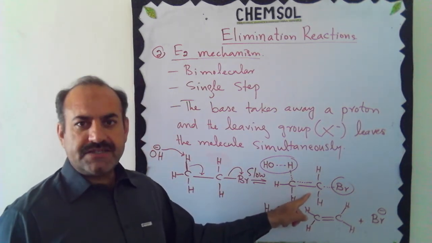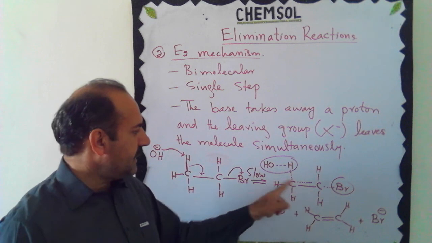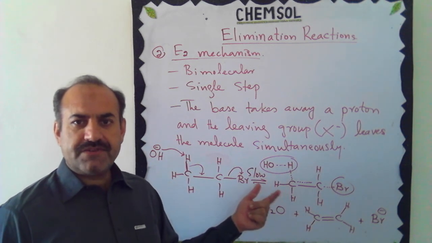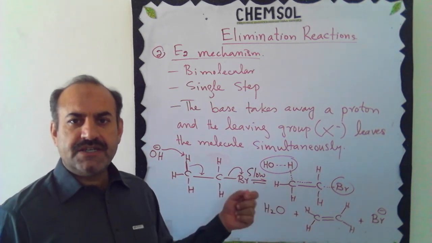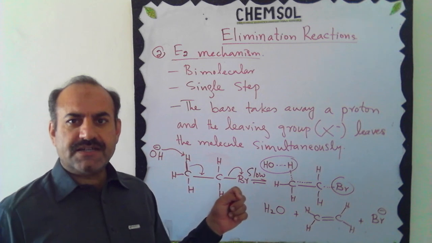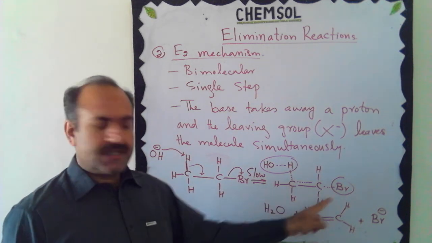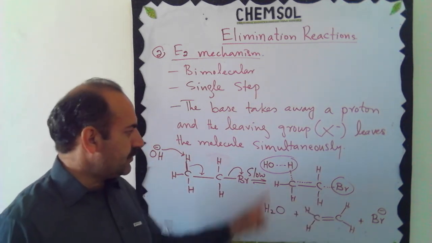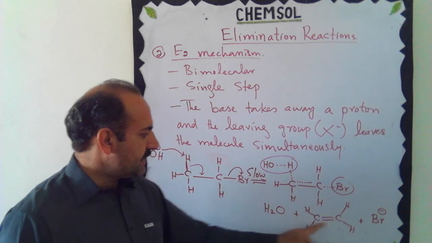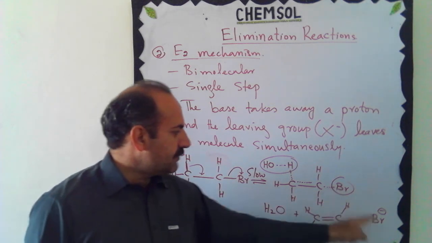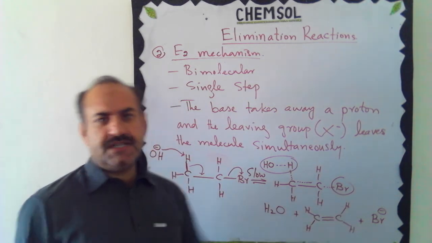This is also called transition state. In this state, some bonds are in the stage of formation, while others are in the stage of breaking. And when this process completes, we get H2O from these two, we get ethylene molecule from this one and a bromide ion which has been released.